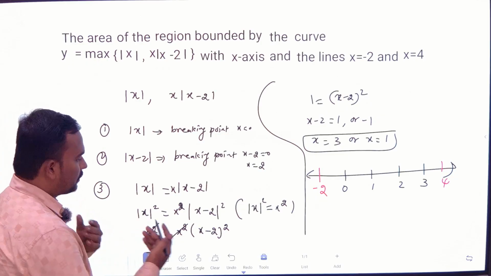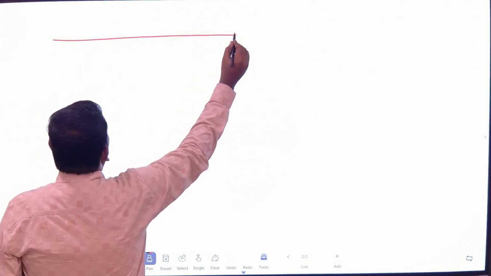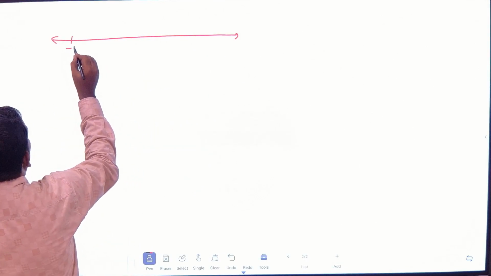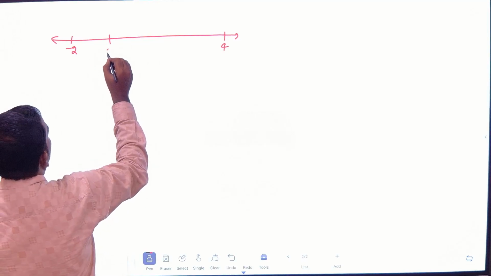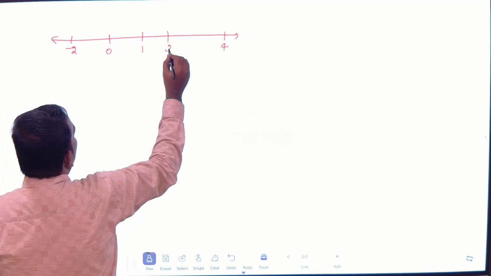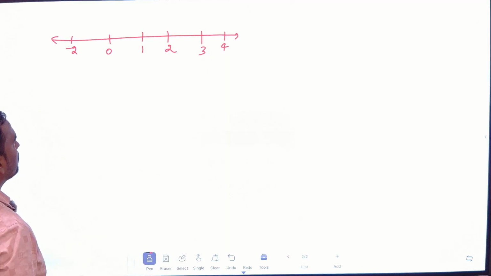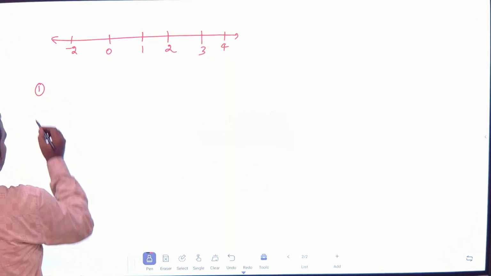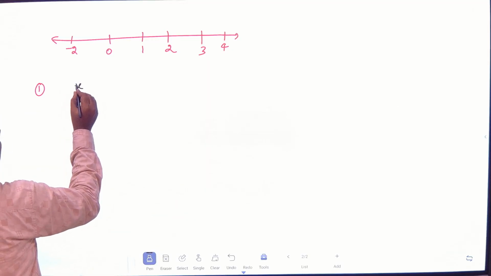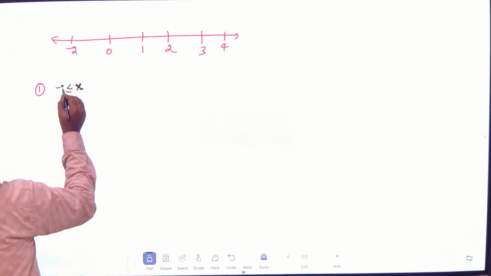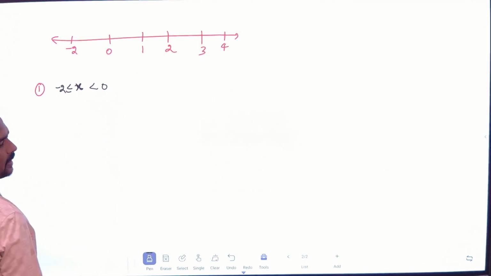Okay, so let me take another page. First you can mark the points. Here is minus 2, here is plus 4, and the intervals minus 2 to 0, 0 to 1, 1 to 2, 2 to 3, right? So first one, student, minus 2 to 0 you can take.